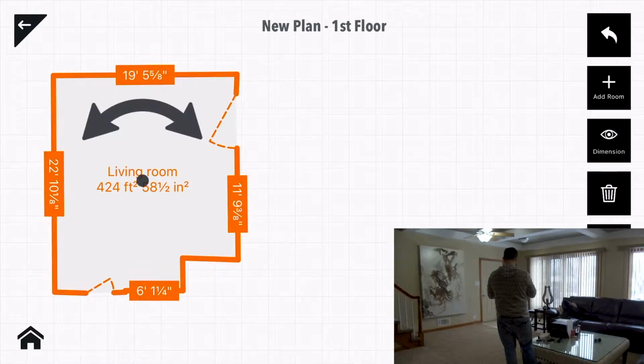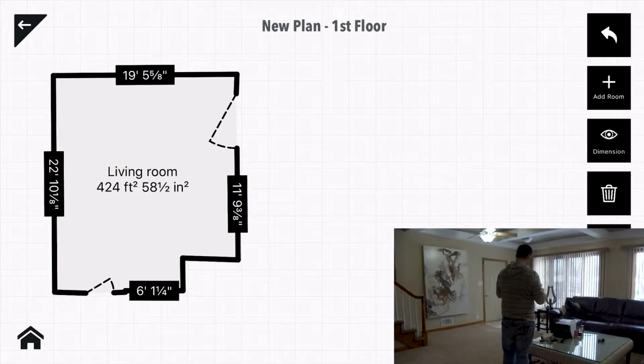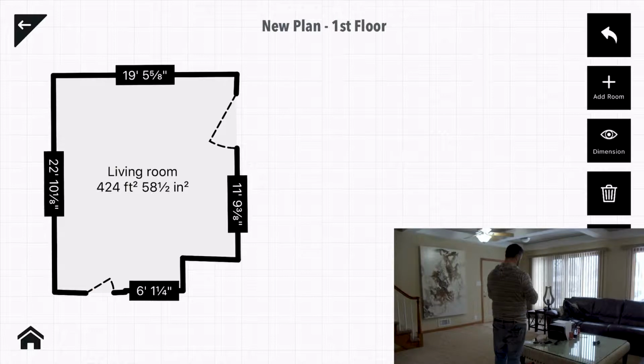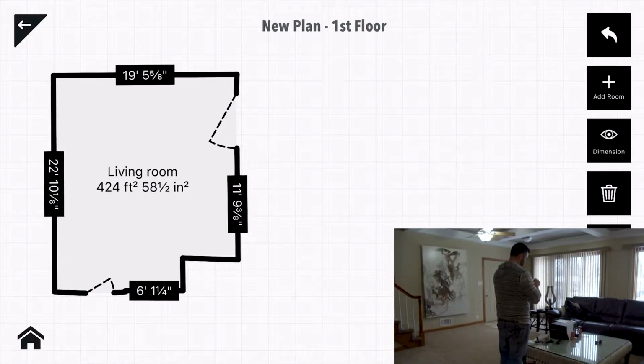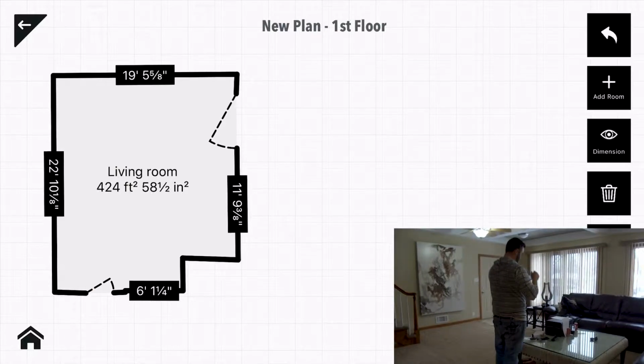Now turn that off. If we want to add another room, all we have to do on the right hand side, you can see the add room button. That's all you do is click that and it'll give you another room.